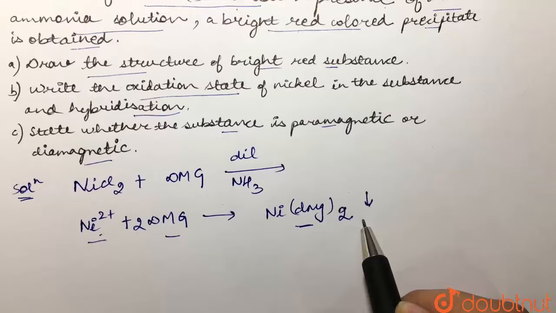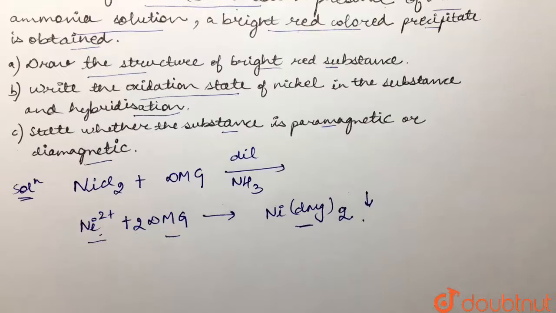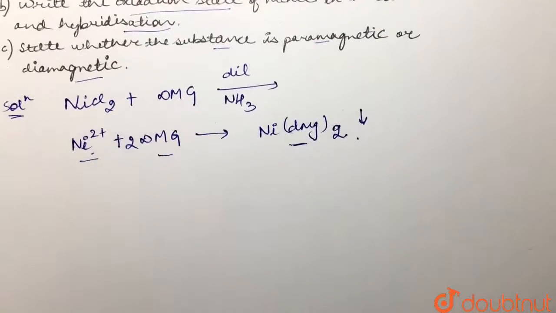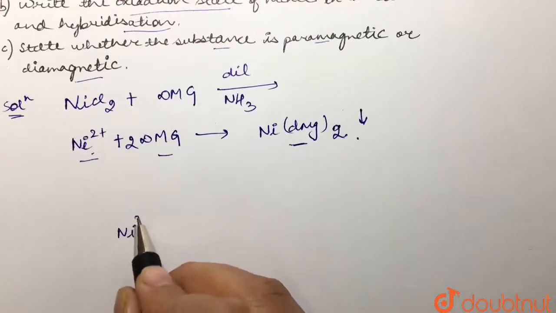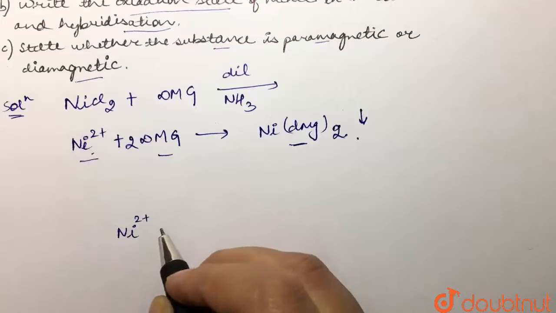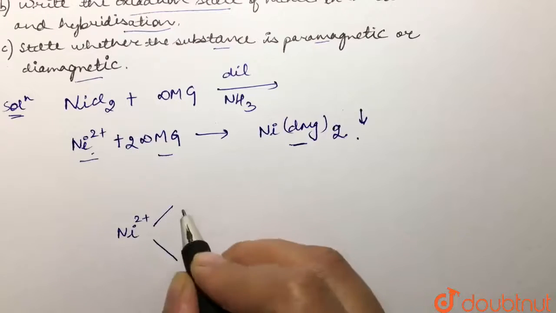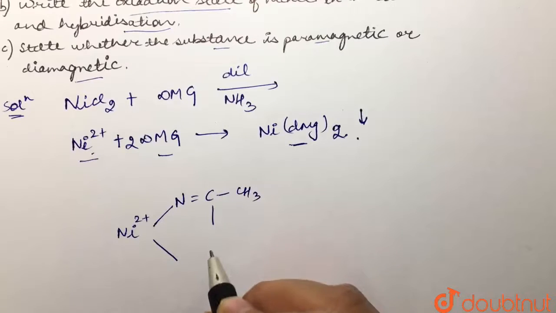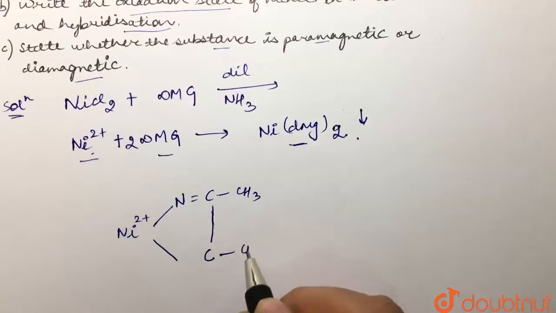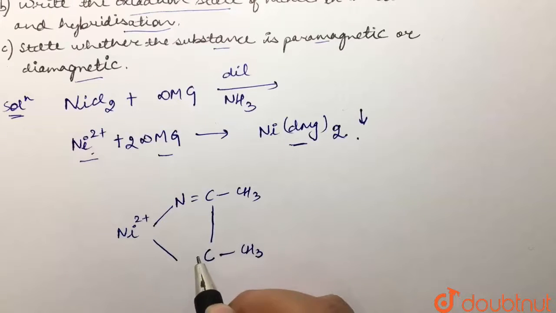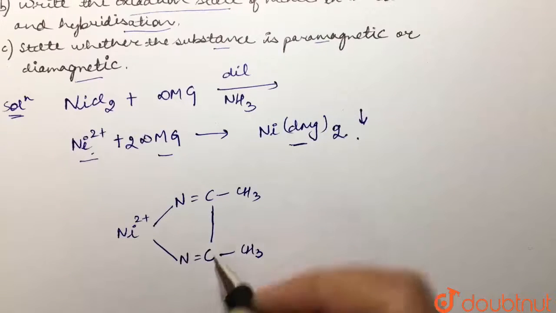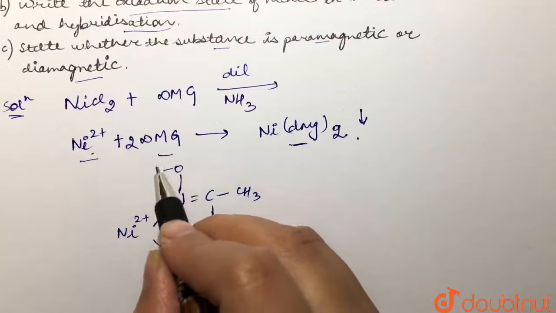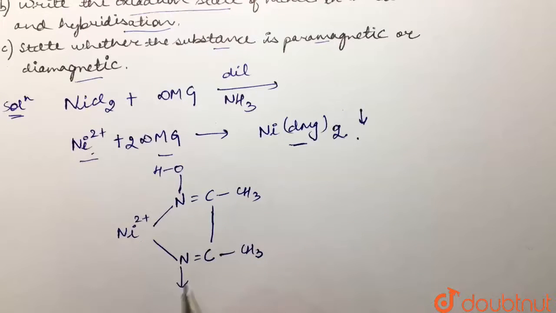So the first part was that we need to draw the structure of the bright red substance. Now what is DMG? DMG is dimethyl glyoxime. So we have nickel 2+, and it is forming bonds like this. We have basically a bond with nitrogen of this part. We have CH3, we have carbon over here, we have CH3, and then over here also we have nitrogen. This has OH attached to it, and this has O negative.